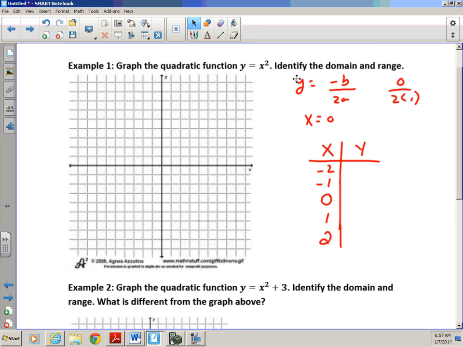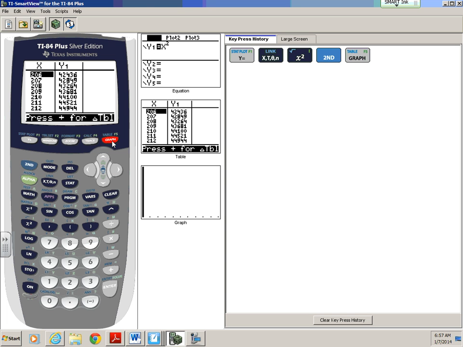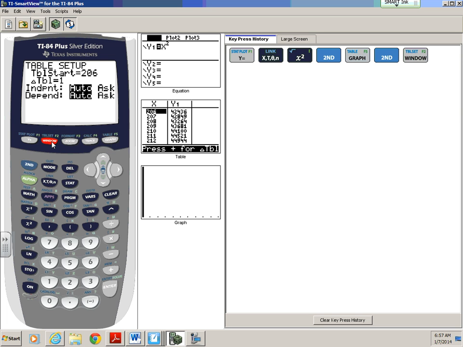Now, obviously, you could just do this by hand because it's so simple, but just to show you on the calculator, we go y equals, we're putting in x squared, we call up our table of values, and I have to adjust my window, and it starts at 0.